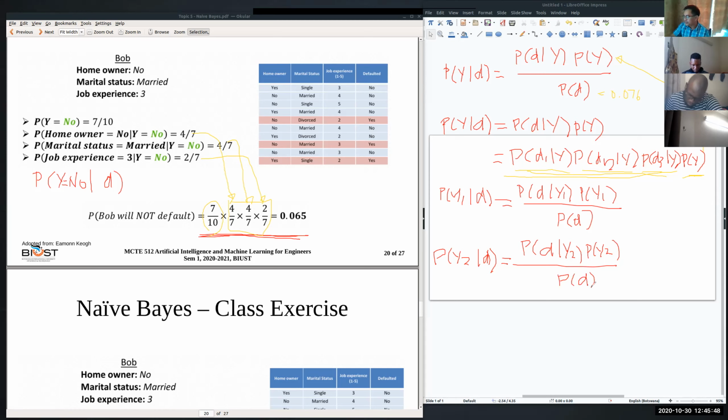We computed already that attribute. And here we're only interested in whether Bob will default or will not default.